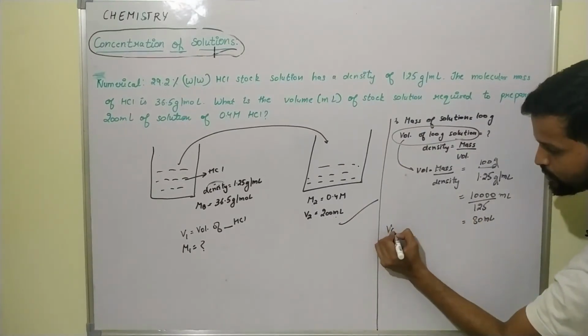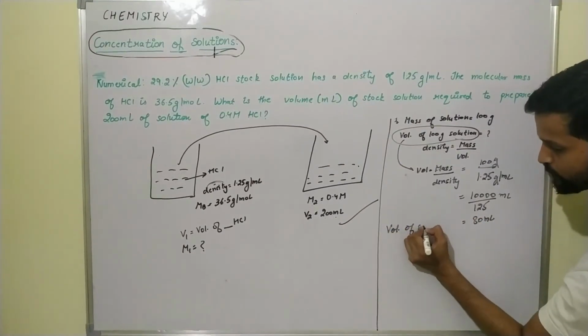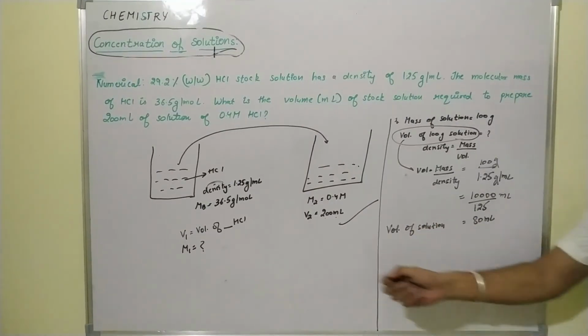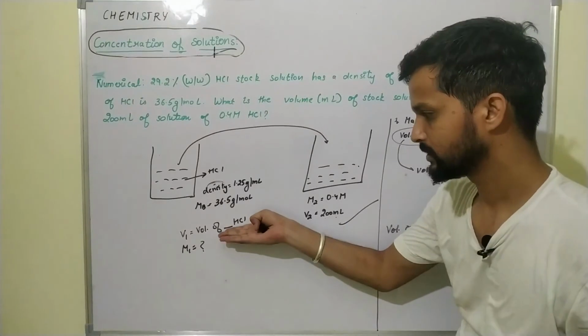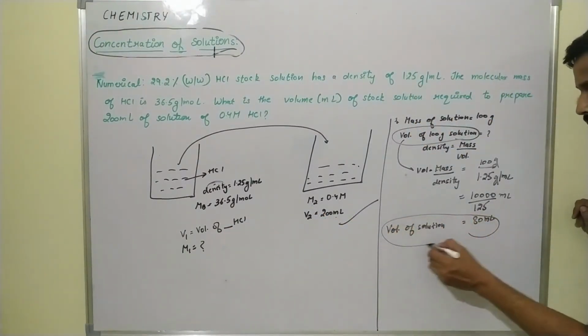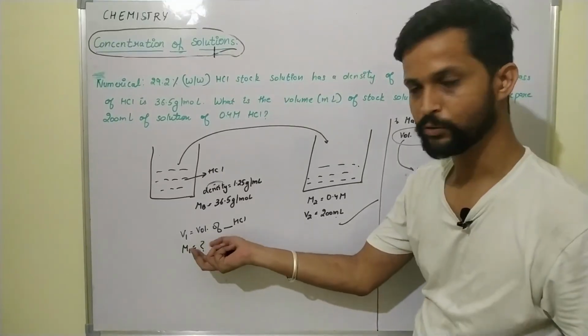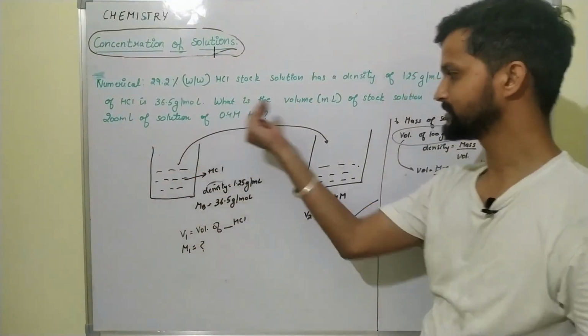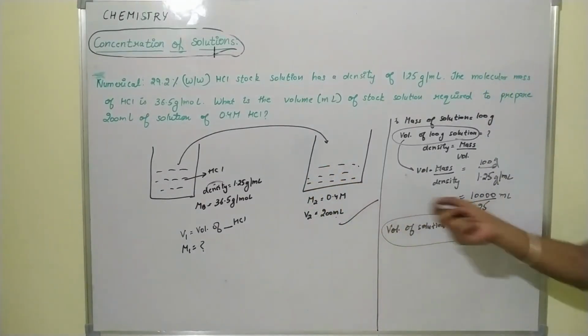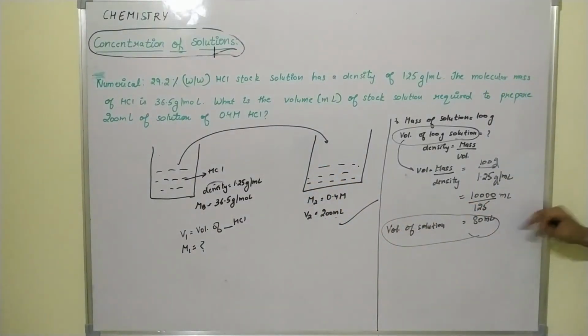This is the volume of the solution. Clear? So in this question we have to tell what volume we should take from this solution and add, so that it will become a 0.4 molar solution. So this is the volume.